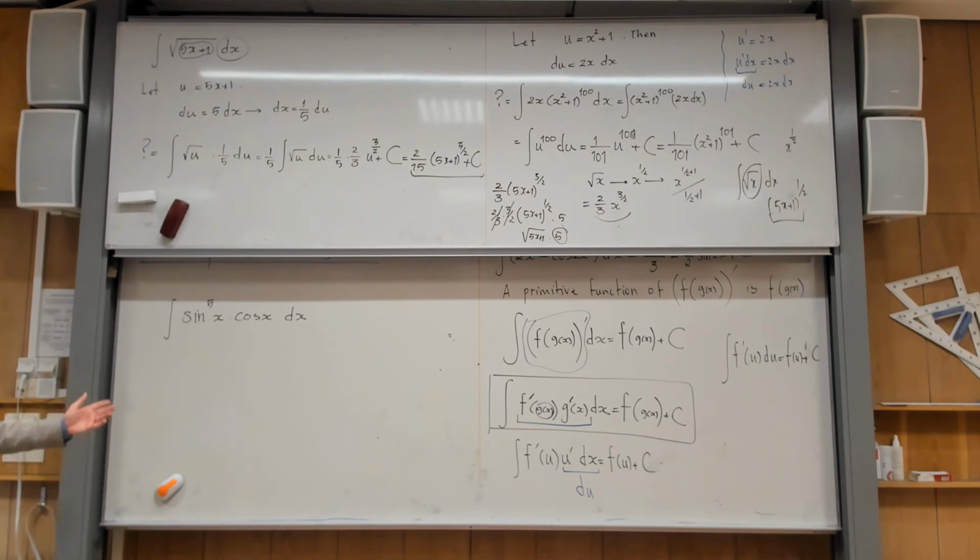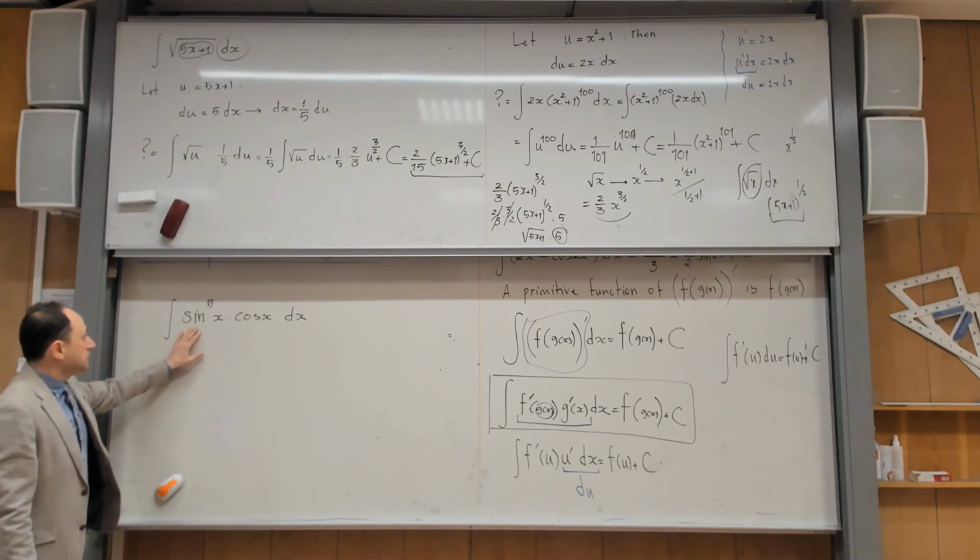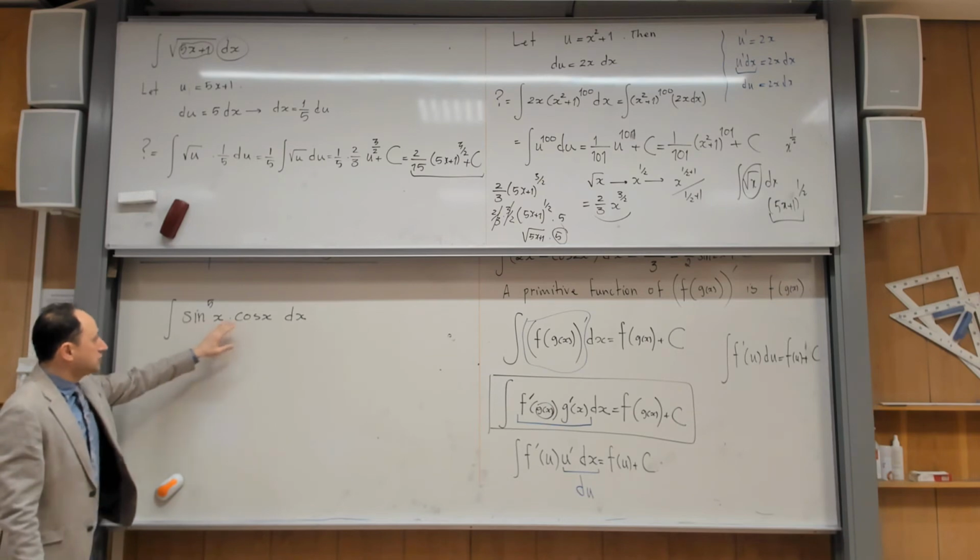It's very clear. What is the function whose derivative is also appearing there? Is it sine or cosine? Of course, you might say it is cosine, but the sine is correct because the derivative of sine is cosine. The derivative of cosine is negative sine.